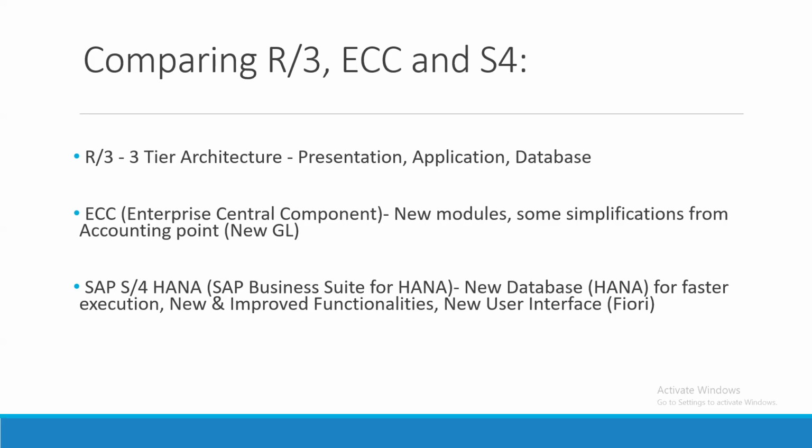Later on, they introduced SAP S4 HANA, wherein HANA is the new database, which performs very fast. So it is faster for execution, with new and improved functionalities, and a new user interface called Fiori. It got introduced in this particular HANA technology.